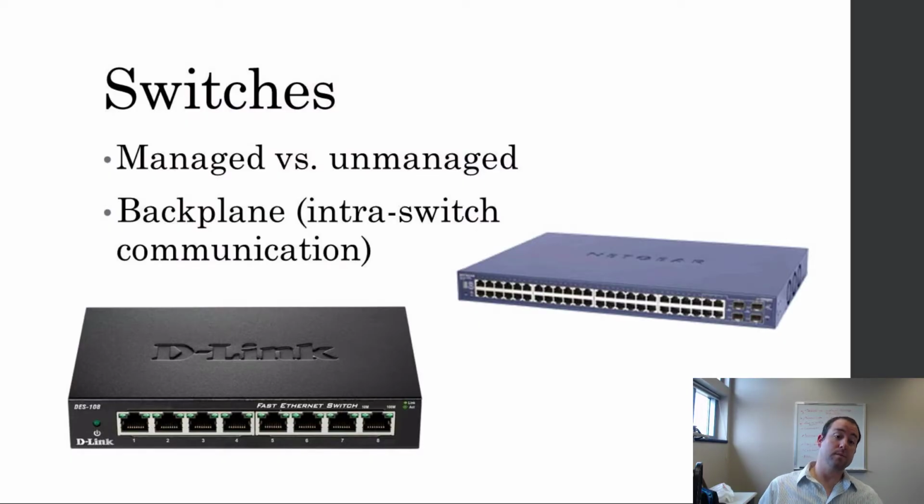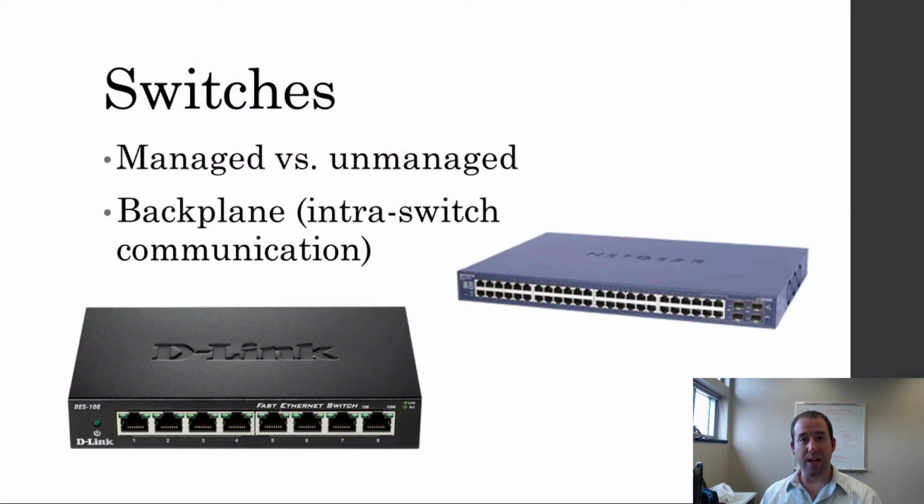So if you have, for example, in this case, our little D-Link switch here with 8 100 megabit ports, each device could potentially use up to 100 megabits. The device on port 1 could try to transmit at 100 megabits, the device on port 2, the device on port 3, the device on port 4, etc.